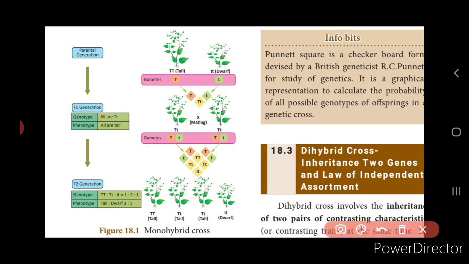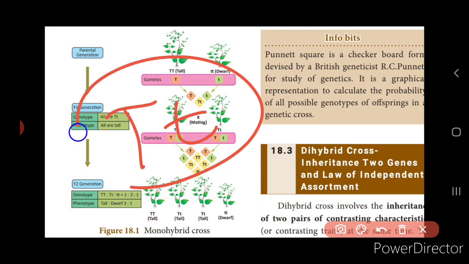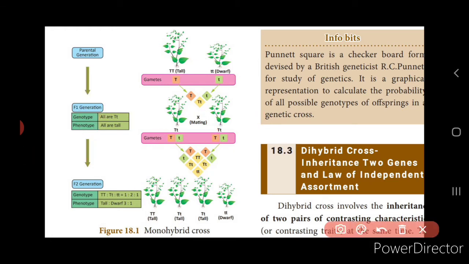Now the two factors making up contrasting characters, when they are brought together, are called alleles, or allelomorphs, right? And each member of this pair is contributed by one parent. So this is about the alleles and the dominant character.